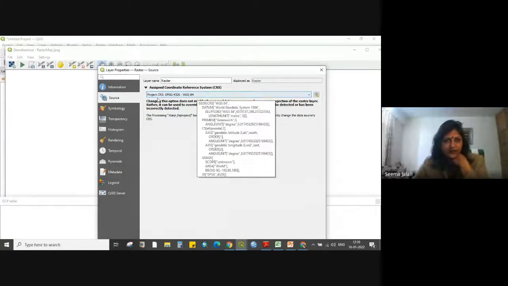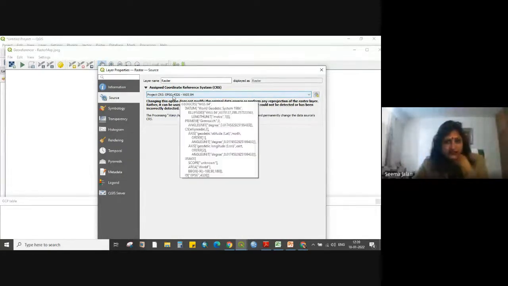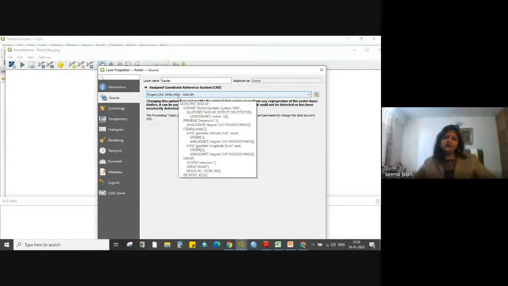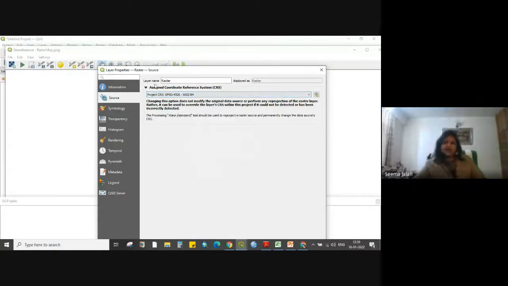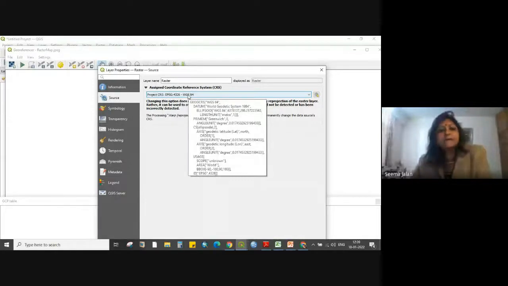Okay, what I have selected, this is a standard definition, a standard code for the coordinate system, which is geographical coordinate system based on the datum WGS 84.